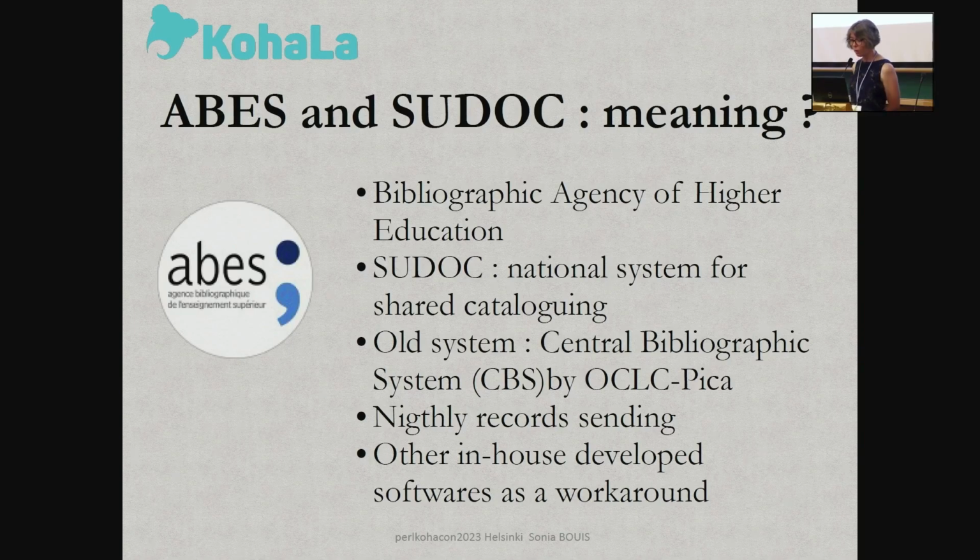ABES developed other in-house software, databases and APIs to complete CBS, which is a non-evolving system. And the developments also guarantee the interoperability and the possibility for the library data to be reused.